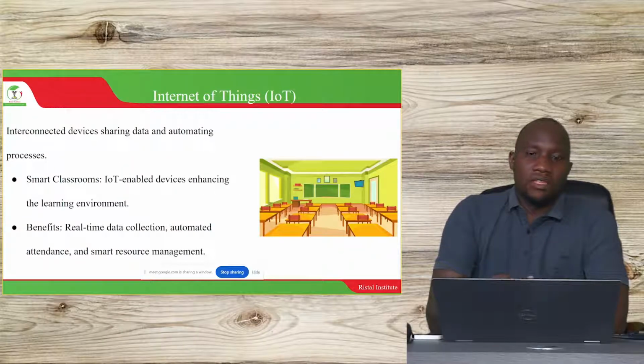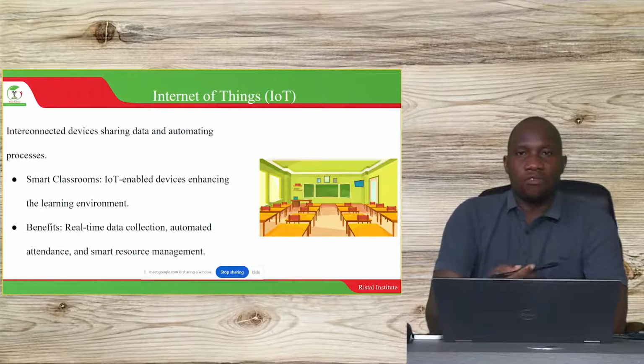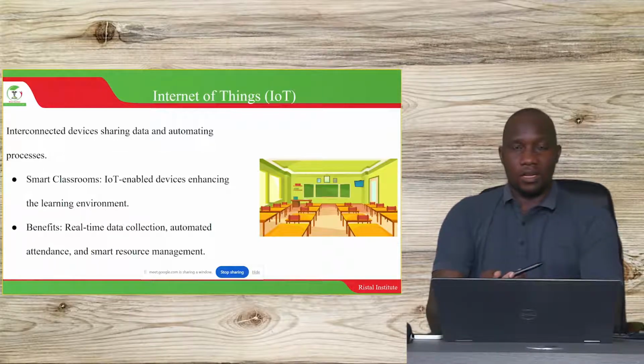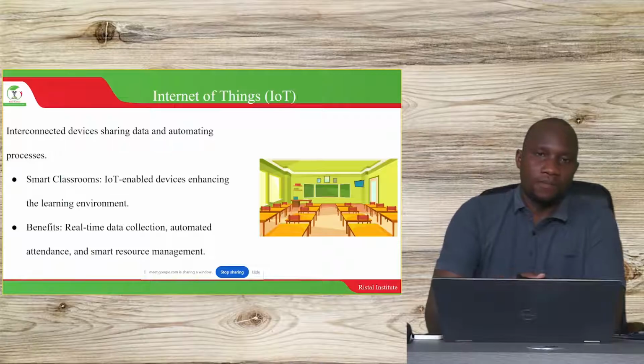And then the other thing is what we call the Internet of Things, that we live in an interconnected world. You can find out that your gate at home is actually connected to your phone.